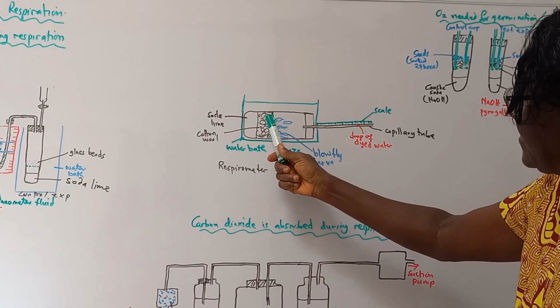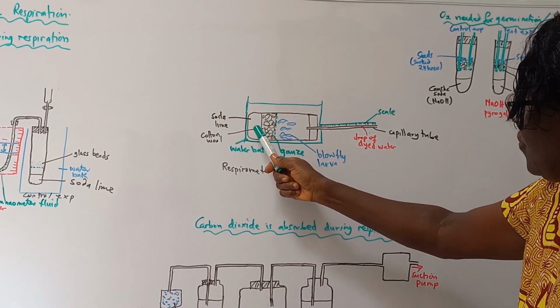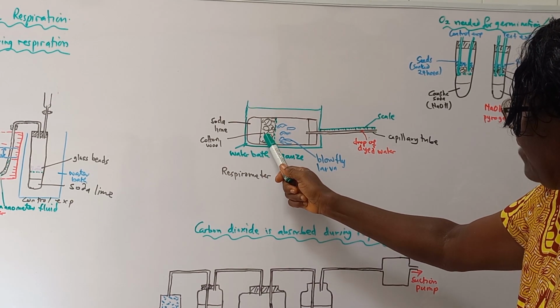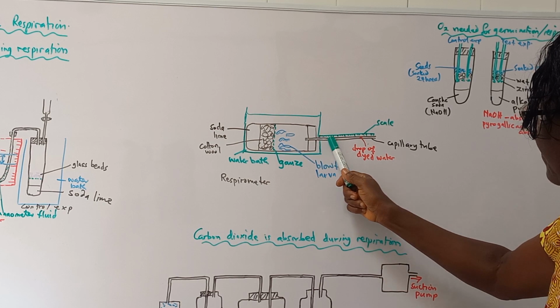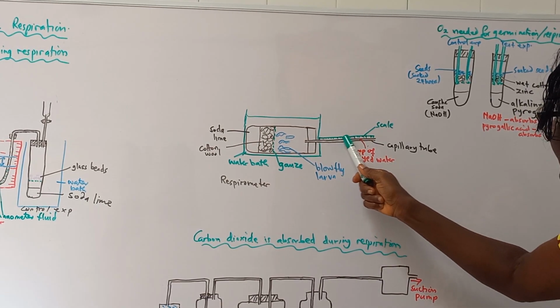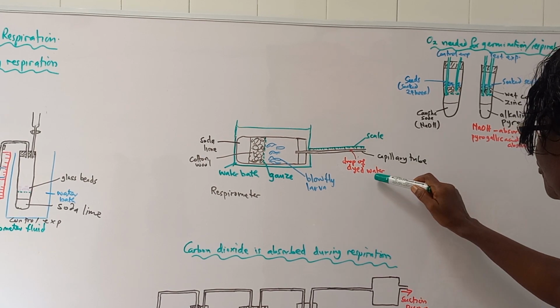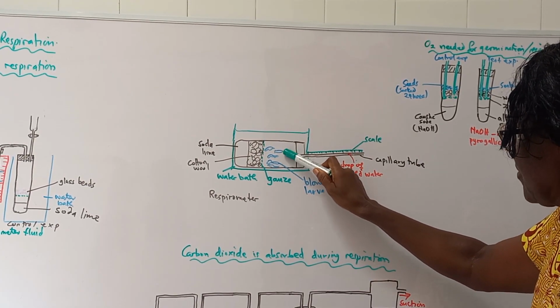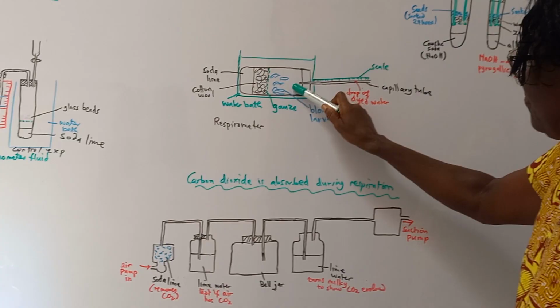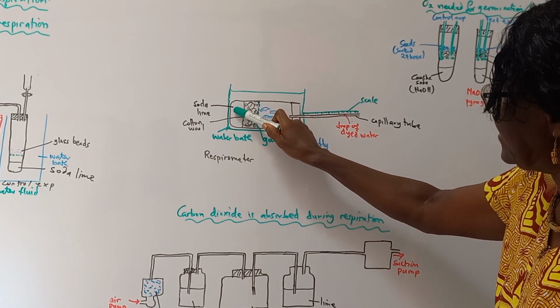We can also have a simple respirometer. You have a glass container, you have the soda lime here, you have cotton wool, you have a gauze, you have your organisms, and you have a capillary tube here, and it has a scale, and there's colored water in the capillary tube. This organism, blowfly larvae, absorbs oxygen in the system and produces carbon dioxide. The carbon dioxide is absorbed by the soda lime.